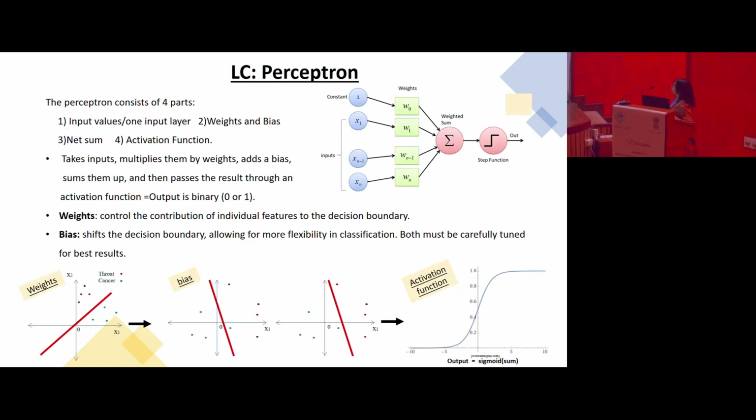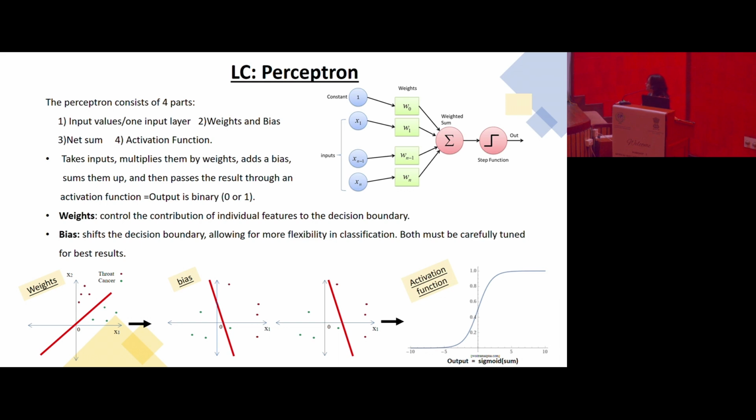It has main parts: input layers, weights, biases, weighted sum, and then the activation layer. The perceptron takes the input, multiplies it by weight, adds a bias, sums them up, and then passes the result through the activation function, which gives the output in binary terms, that is 0 or 1.